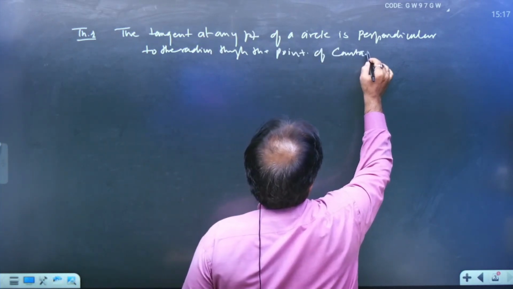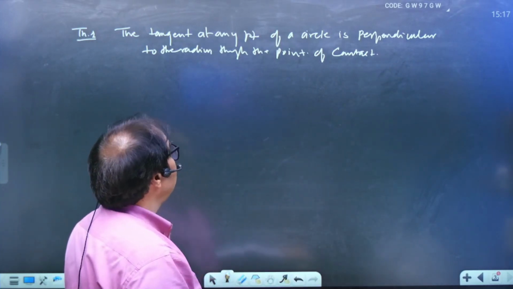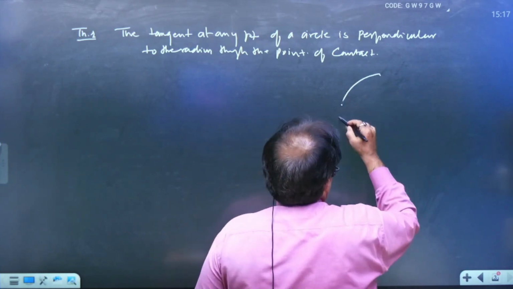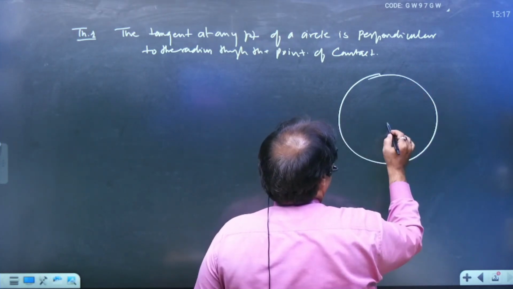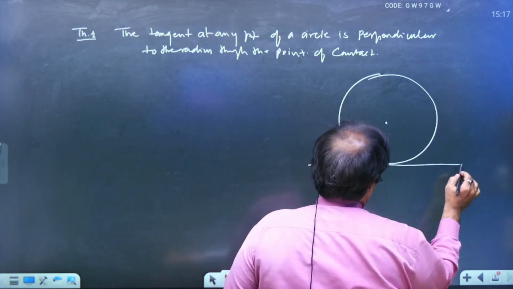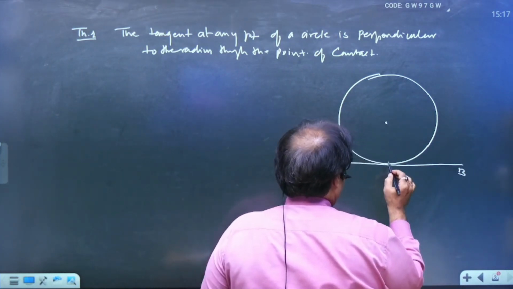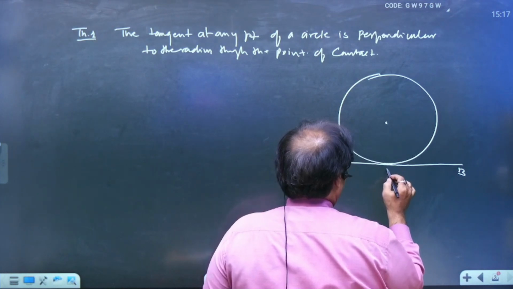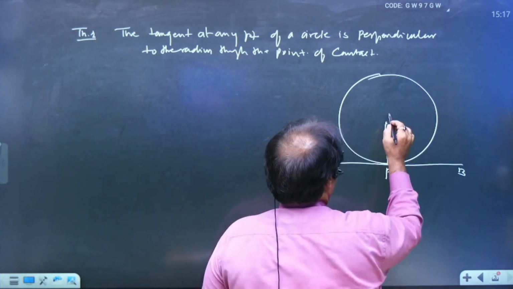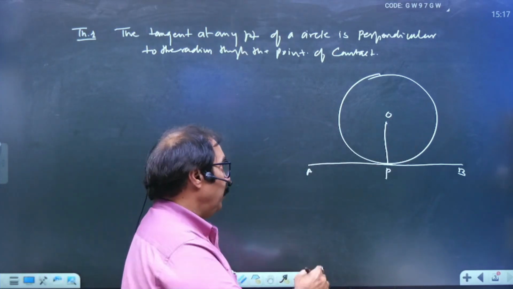Means what is given? In a circle with center O and radius R, say AB is a tangent and P is the point of contact, then we have to prove that OP is perpendicular to AB.